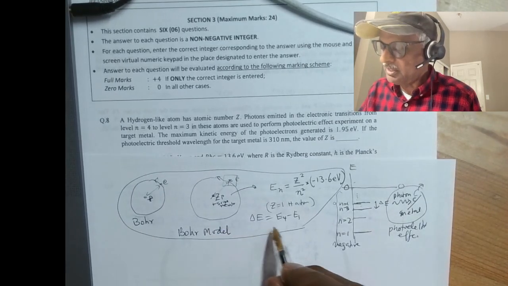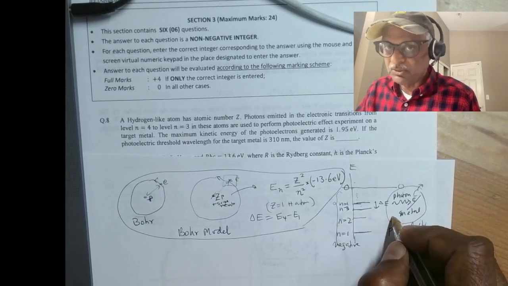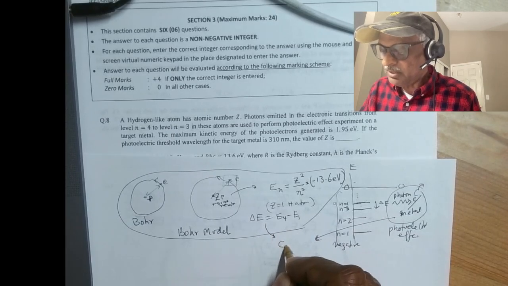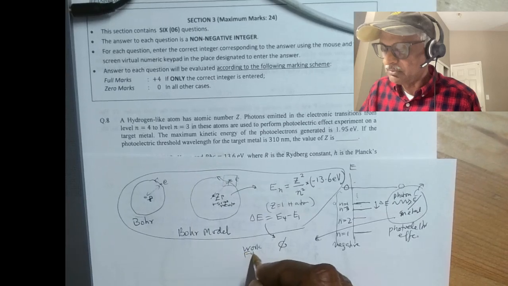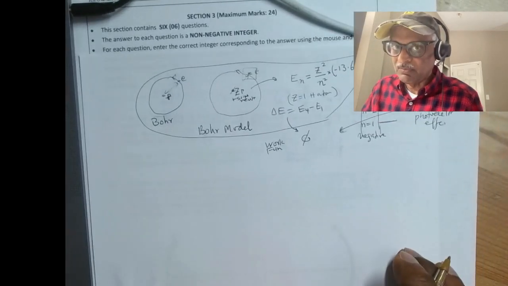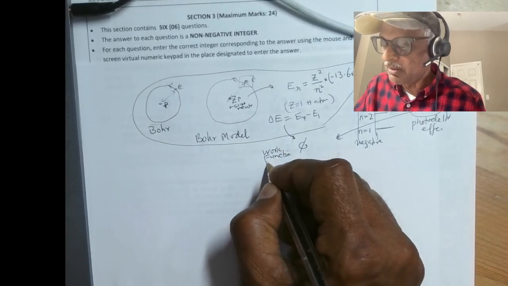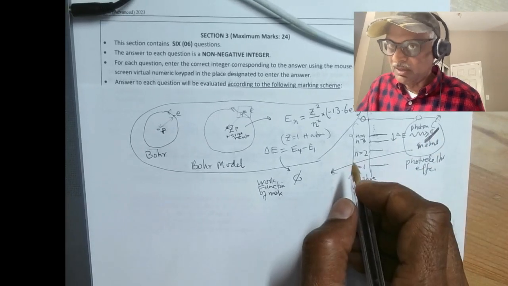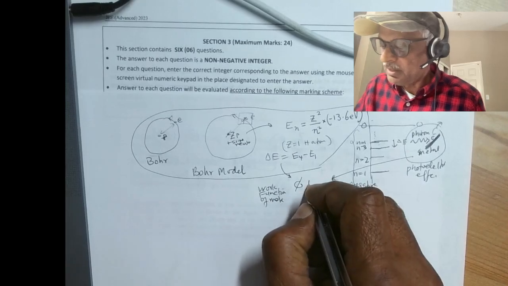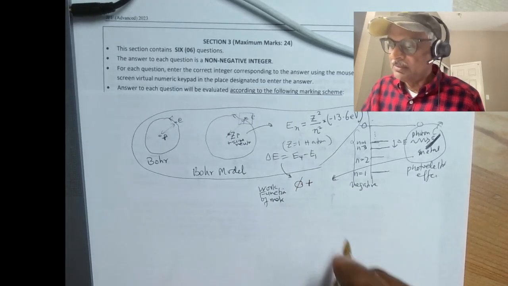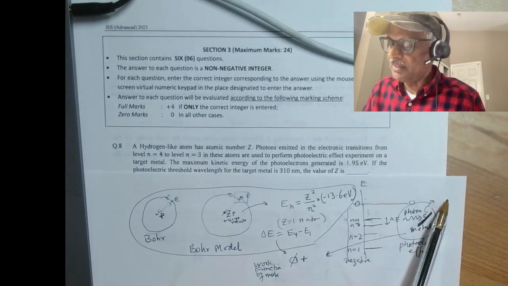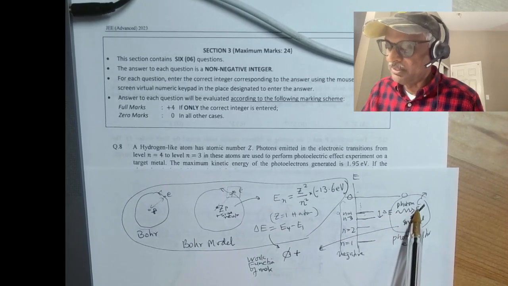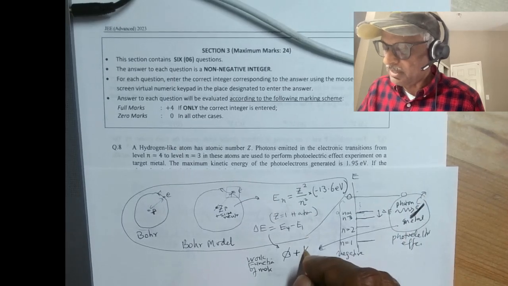So according to the photoelectric effect, this photon energy has to equal the work function of this metal, plus the kinetic energy of this electron that comes out, K max.